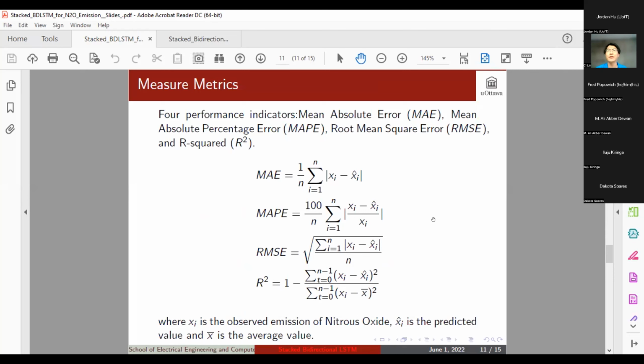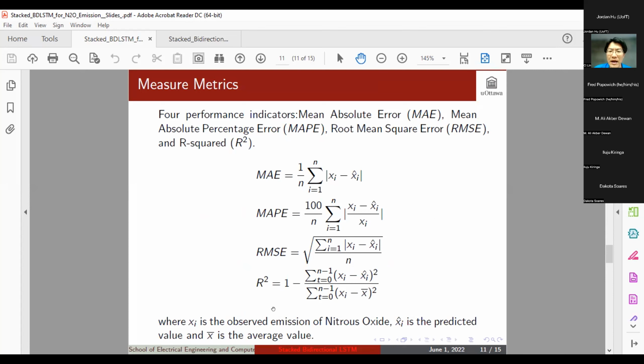In order to measure the performance of our model, we're using 4 metrics: the mean absolute error, the mean absolute percentage error, the root mean square error, and the R squared. For the first 3 metrics, I think we can see from the formula, if the value we get is smaller, the better the performance.